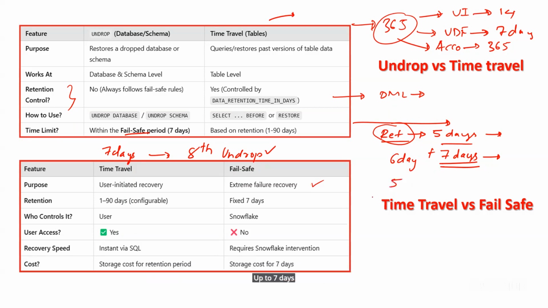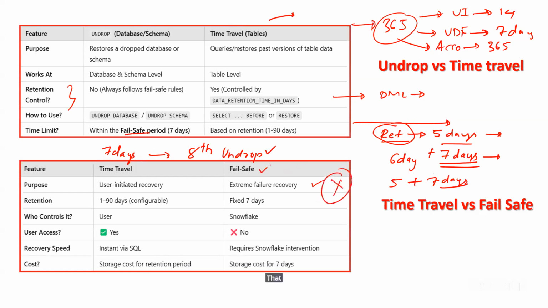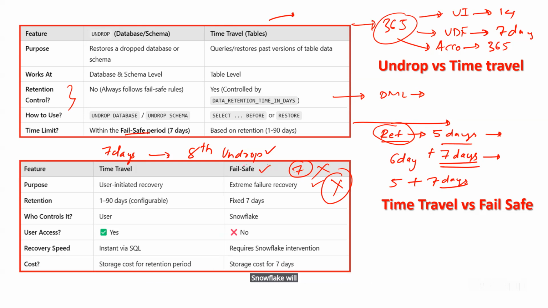That is, if you have a retention period of 5 days plus an extra 7 days, Snowflake will keep the information with themselves before permanently deleting it. That is nothing but fail safe. This fail safe by default has 7 days. You cannot make changes to this fail safe, and you are not able to access any information. Only Snowflake will be able to do that, and they will be able to help you.